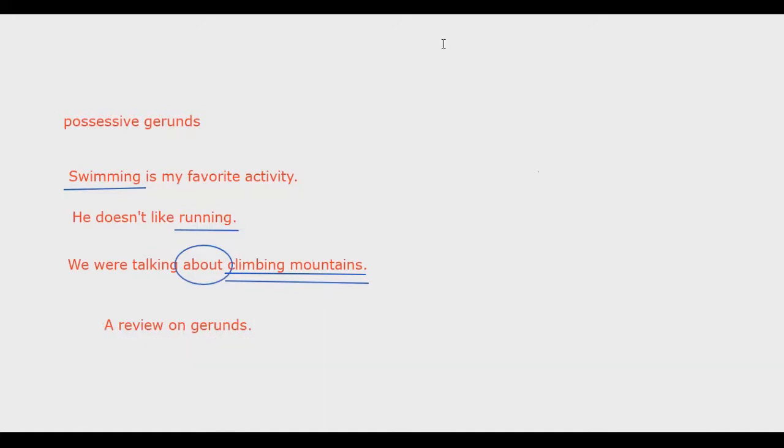So what do I mean when we talk about a possessive gerund? Well, before I do that, someone said something in the chat. So what differs a gerund from a participle is that a participle is either a verb or an adjective. It's a verb that can function as an adjective, essentially.